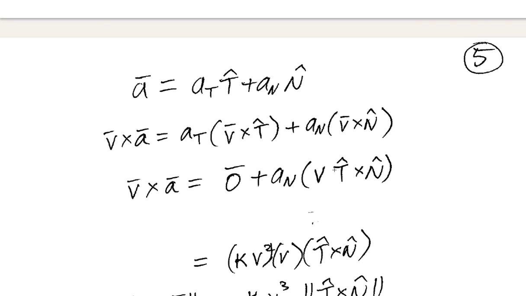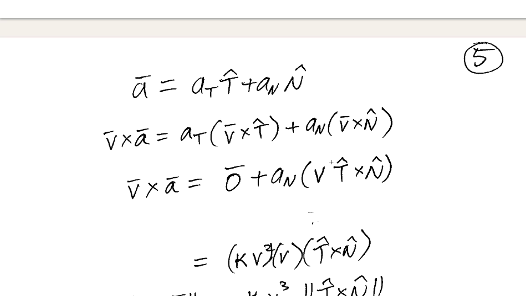Now, I claim v bar cross t hat is going to be 0. Why? Because the velocity and the unit tangent vector are parallel. They're just scalar multiples of each other, so their cross product is the 0 vector. This term will disappear here.